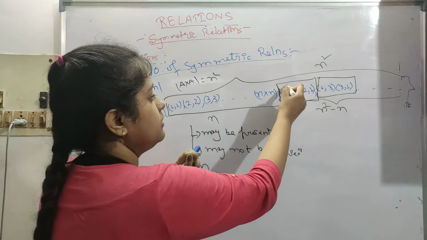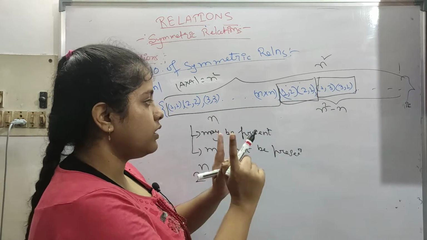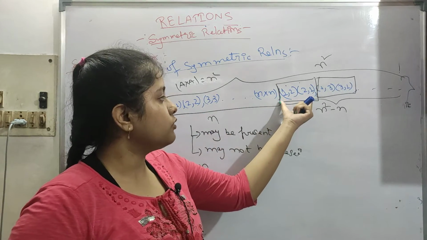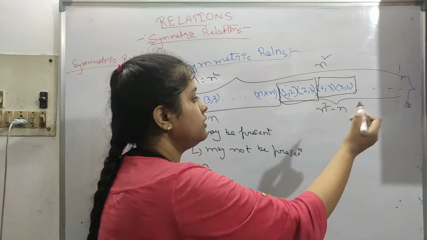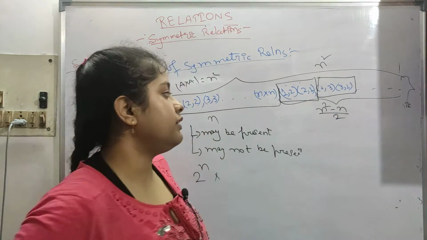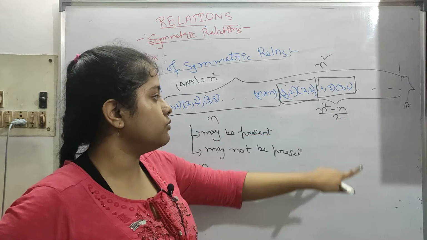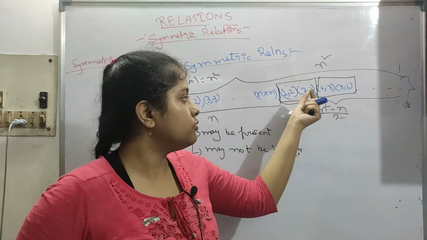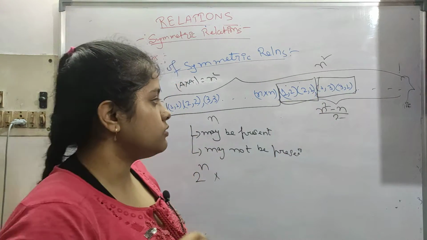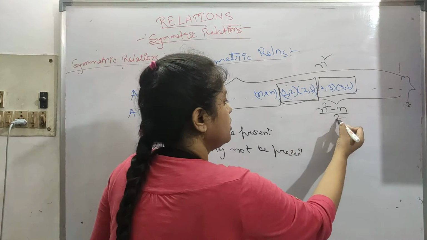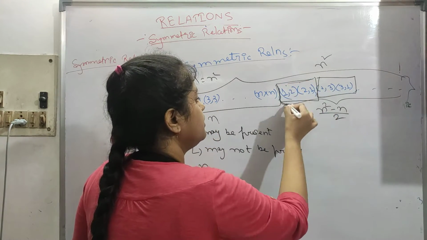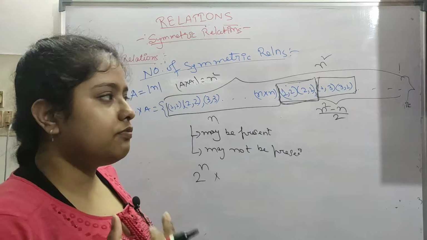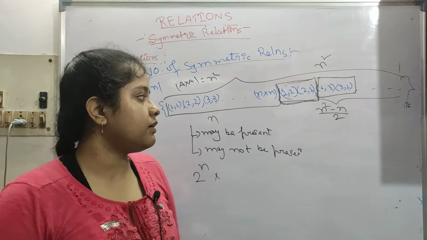These two elements are grouped together as one element. So the number of elements will be n square minus n by 2, because 2 elements are grouped together as 1. So you can imagine this whole thing as a set of one element.